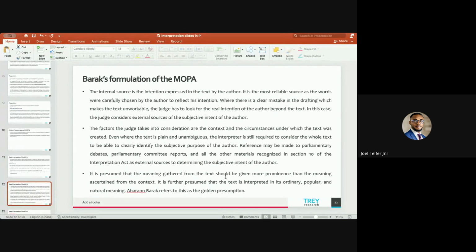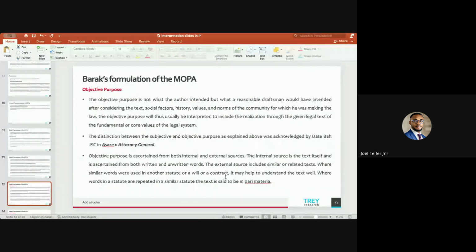That the words interpreted in their ordinary, popular, and natural meaning would provide a better understanding of the text from the perspective of the author. And so that better evinces the authorial intent. Hold on to that. Then there's the objective purpose.